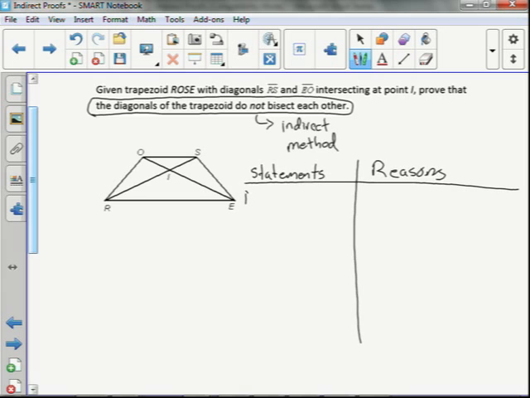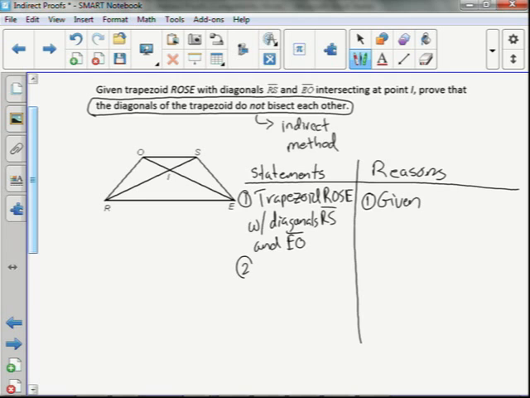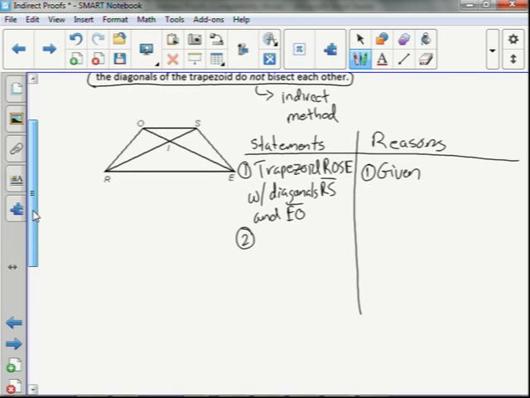Okay, so number 1, we've got trapezoid ROSE with diagonals RS and EO. Start out with your givens. Second thing that you always do is to assume the opposite of what you're trying to prove.